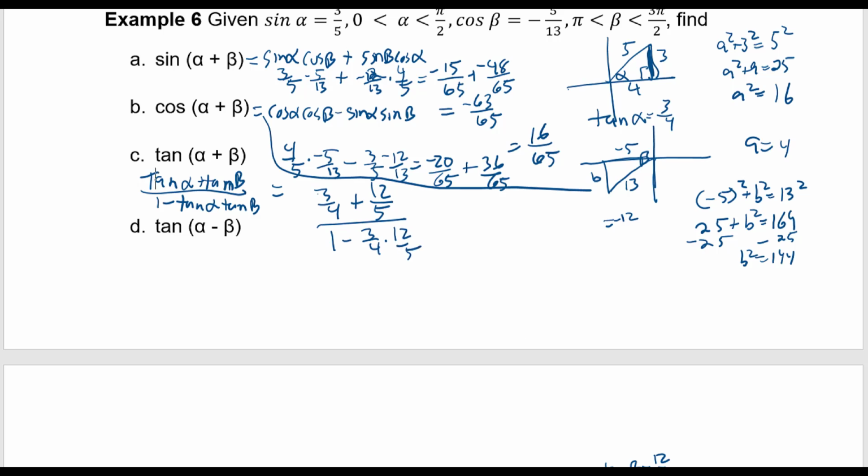Okay, got a little bit of math to play with here. So our common denominator in the numerator is 20. So I got 15 plus 48. It's going to be 63 over 20 over 1 minus 36 over 20.